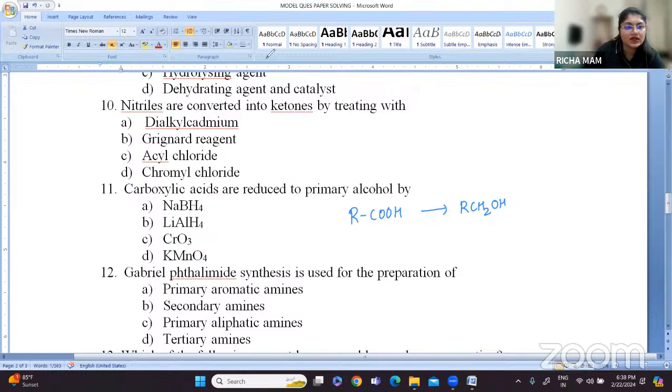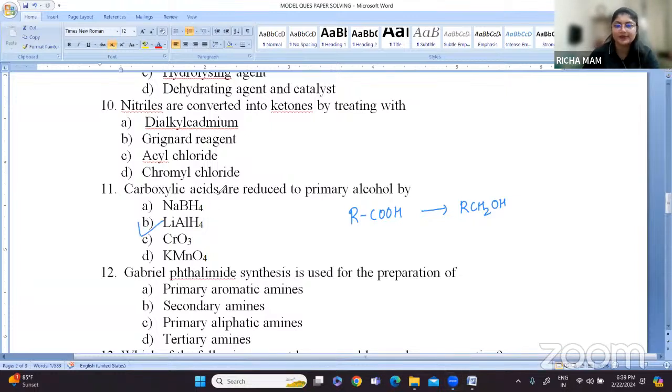Okay, I've got two answers. Vedvati has answered it as B. Dhanush has also answered it as B. Shushti has answered it as A. Divya has also answered it as A. Okay, fine.